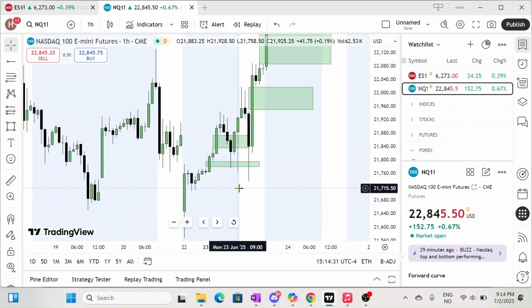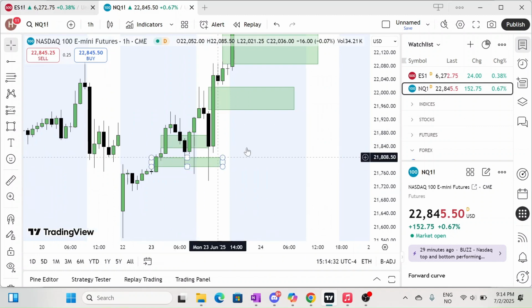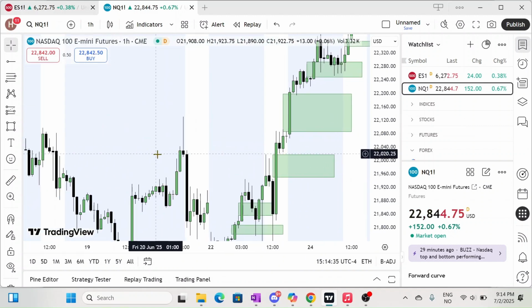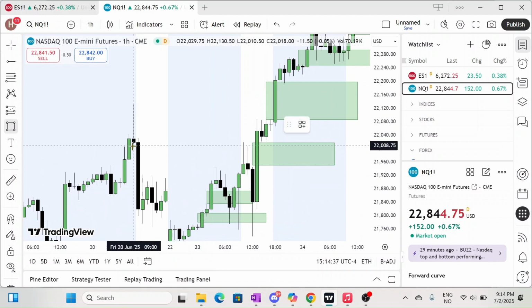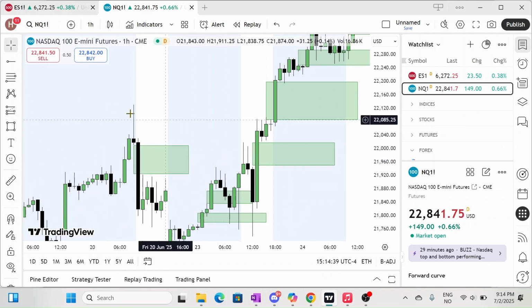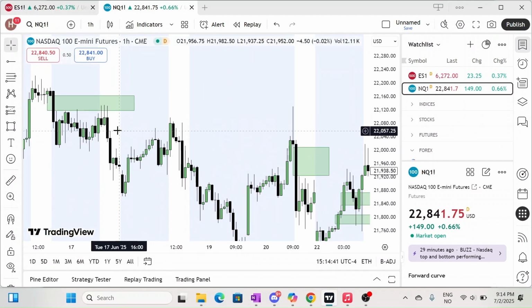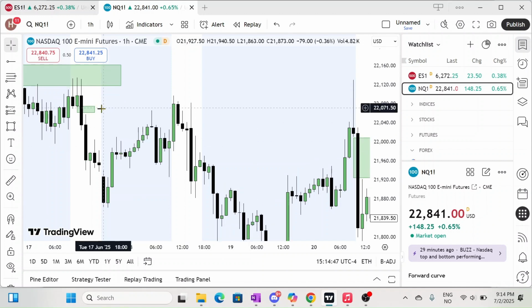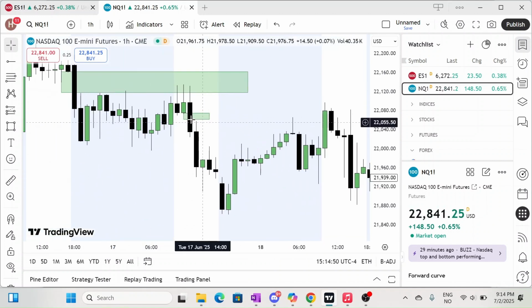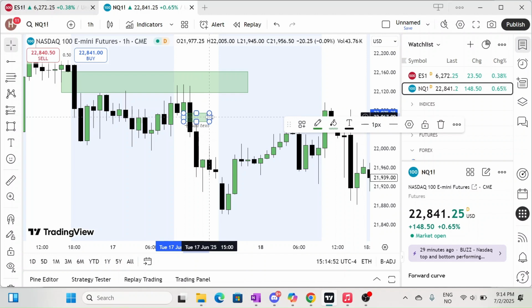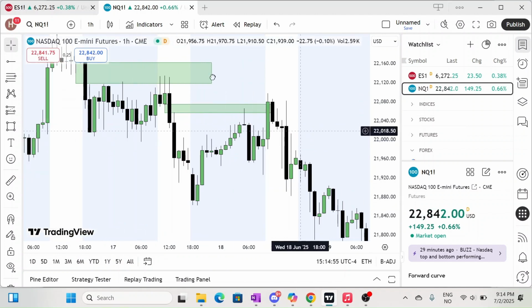You see, three candle pattern. Here we have a bearish one, we even have a bearish one here. You can see from the bottom of this candle to the high of this candle, price goes into here and rallies down.